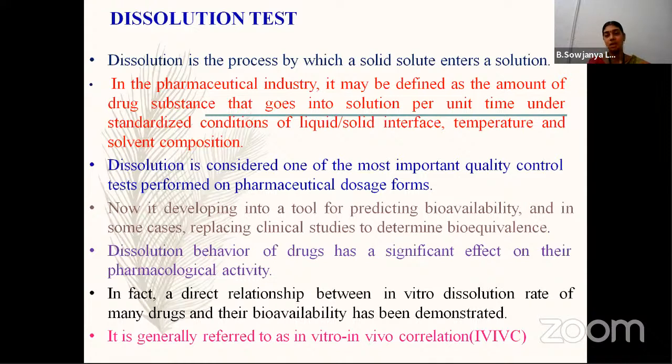Bioavailability is nothing but the rate and extent, that is, the speed and amount of the drug that reaches the systemic circulation in an unchanged form. So it is helpful in determining bioequivalence.